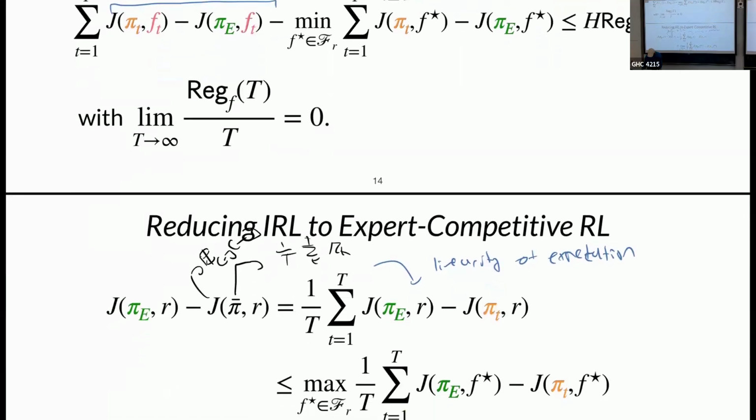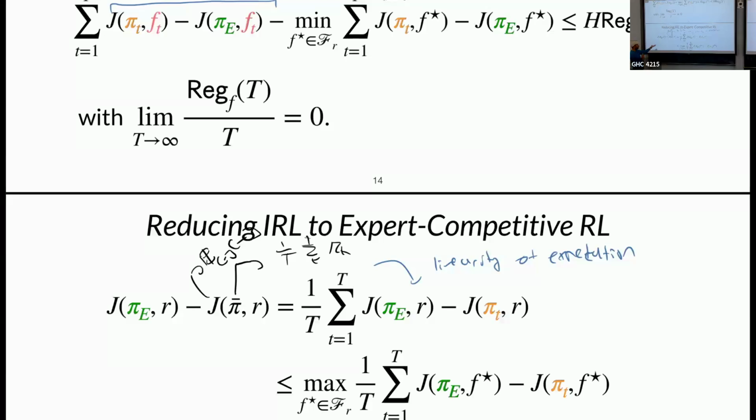Next, I'm going to upper bound this by taking a max over reward functions in our reward class. So I'm going to say a max over f star in, I should have used just cal R here, but just the class of reward functions. So can anyone tell me what assumption I'm making when I'm doing this step?